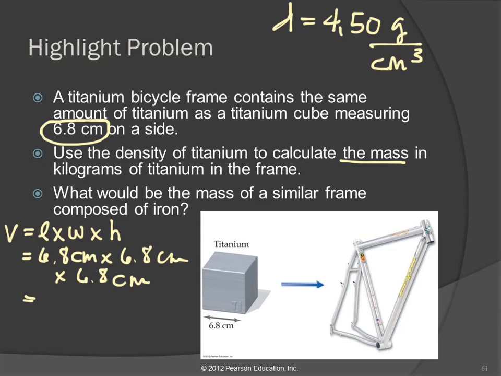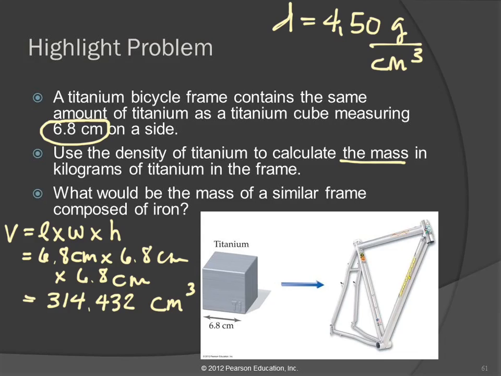So 6.8 times 6.8, I'm using my phone because I'm too lazy to walk over to my bag and get my calculator. 314.432. What would the unit be? Centimeters cubed, not just centimeters.